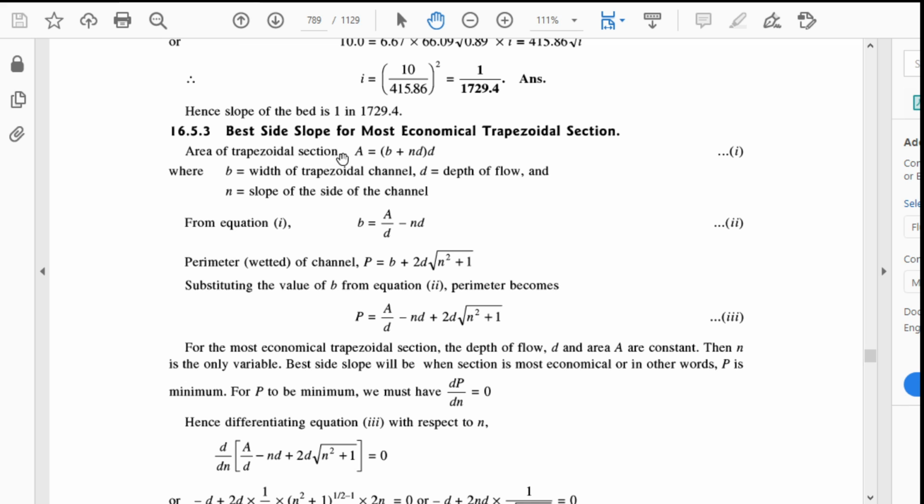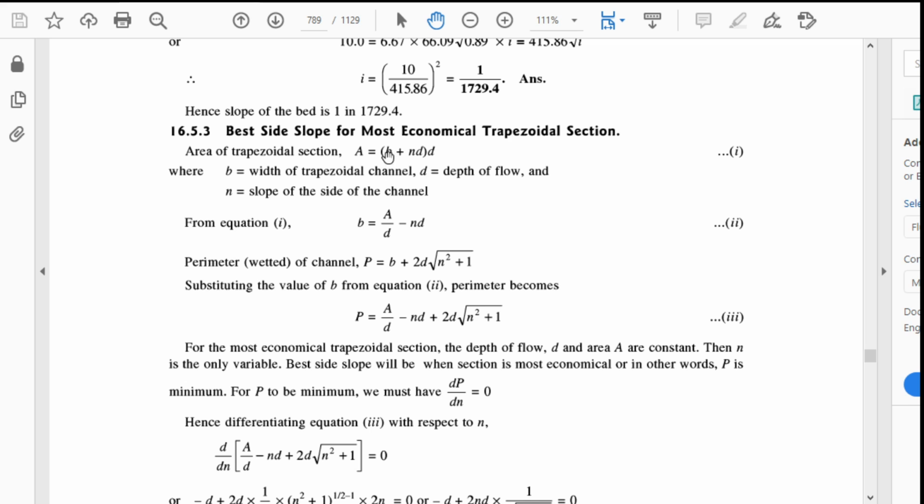The area of the trapezoidal section is A equals (B plus ND) into D, that is BD plus ND square, where B is the width of the channel, D is the depth of flow, and N is the slope of the side of the channel. I hope you have remembered the area of the trapezoidal section, which is BD plus ND square.